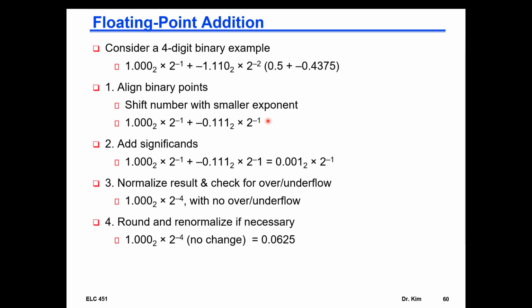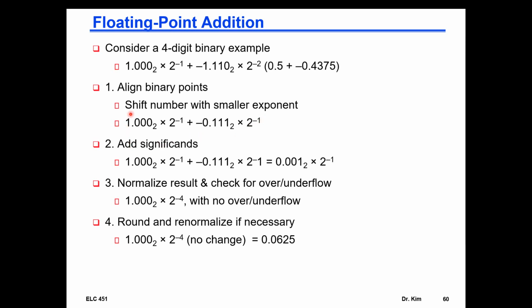Essentially, when we do addition, what we want to do is make sure that the exponents are the same, so they can factor out, and then we add the fractional parts, the 1 point fractional part, and then we just multiply by that exponent that we factored out, and we may renormalize again.